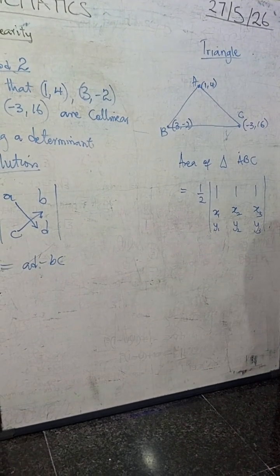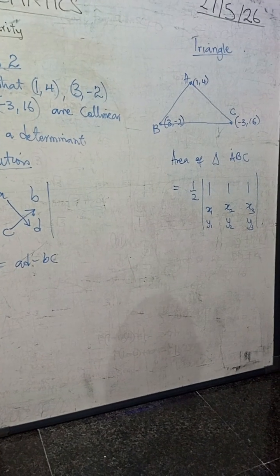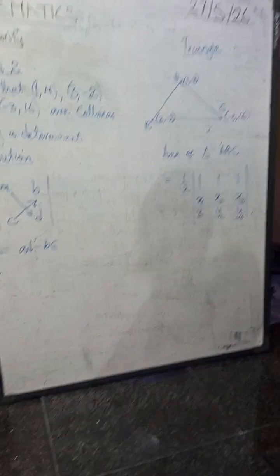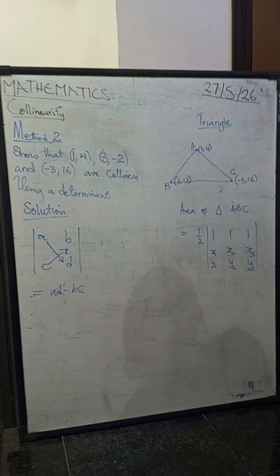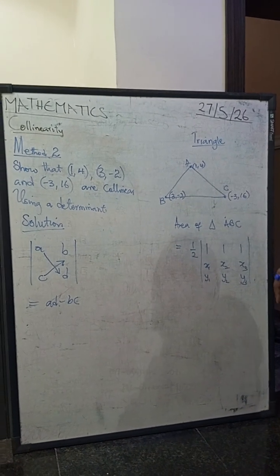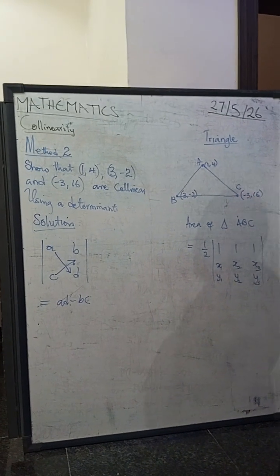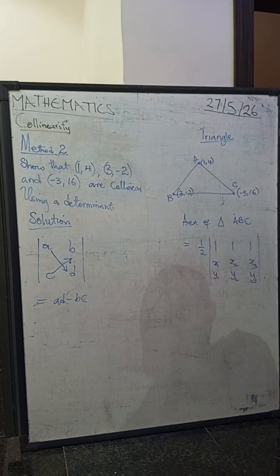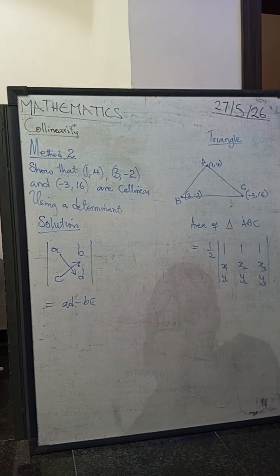So when we pick the cofactors in these determinants and find a value representing this divided by 2, that will give us the area of this triangle. And if the area of this triangle is 0, it means that the 3 points on the vertices of this triangle are actually collinear. Now let's go into action.